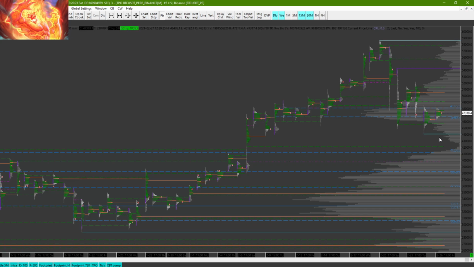There's the ranging, bracketing, or balanced environment, where you're more likely to be stuck within a range, and reversion is how you're going to want to trade that. And then there's the trending or imbalanced type of market environment where you're going to want to use momentum based strategies.